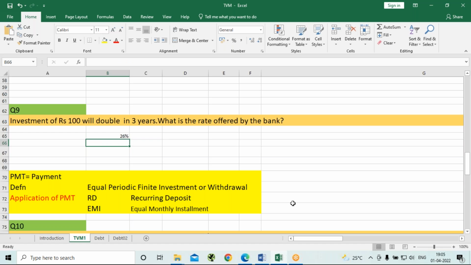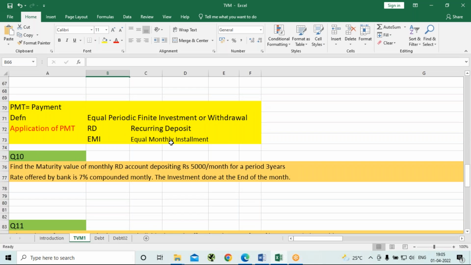So the rate of interest is 26%. Okay, so like this you can try it out with the different functions, to find the values for the different kinds of situations. So we have seen how to find it with the PV, FV, rate, n per values. So the next part is PMT values.